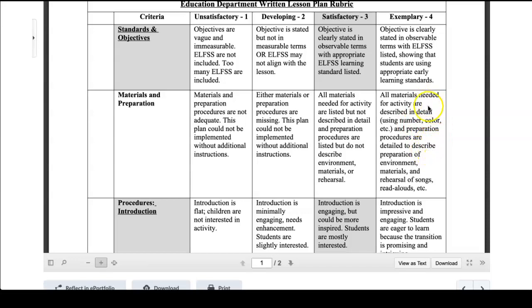All materials for the activity are described and detailed. How many pieces of paper, how many cups, how many trays or aprons are needed. And your preparation procedures are described in detail. Where in the classroom is your activity going to take place? What materials are needed?